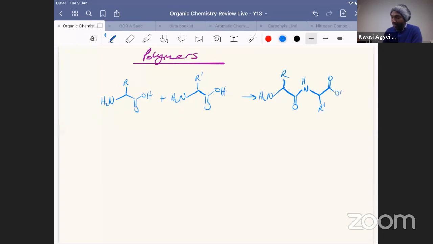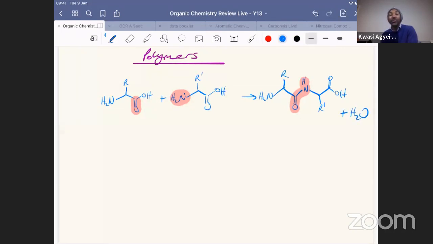Okay, so what we formed here is a dipeptide, and so we've got an amide linkage being formed using these two groups here. And as a result of the formation of that amide or peptide bond, you do end up with water being released.